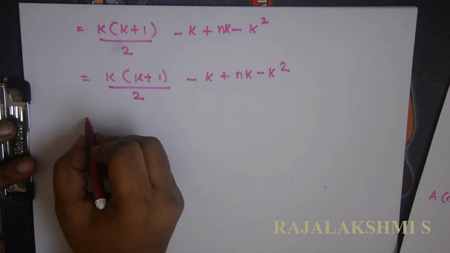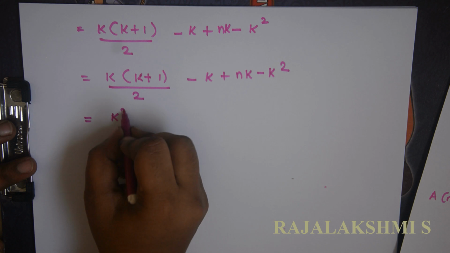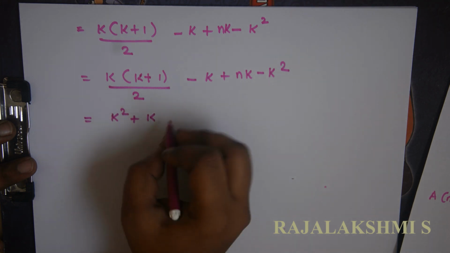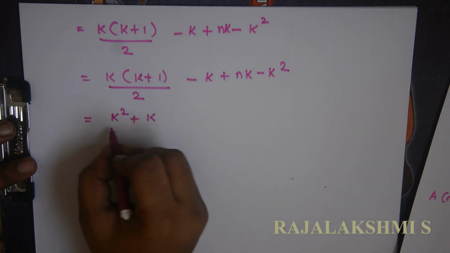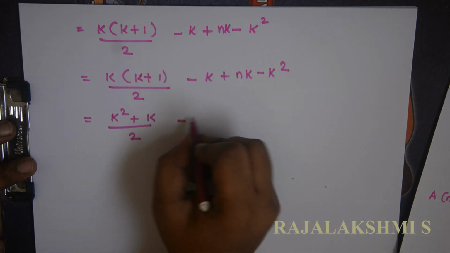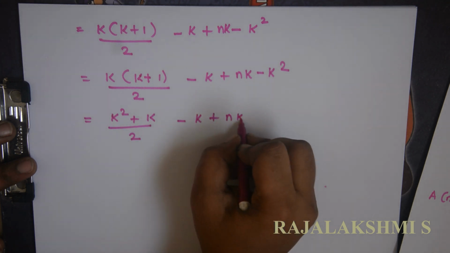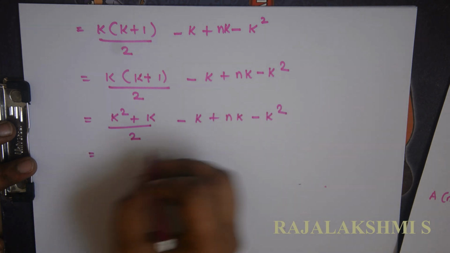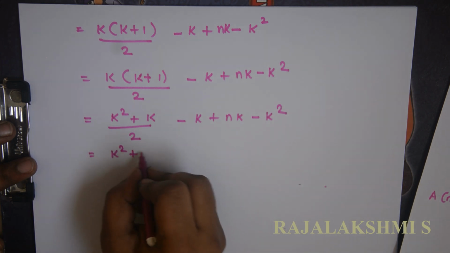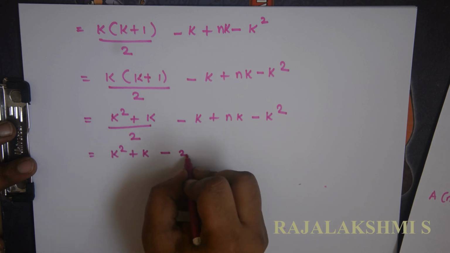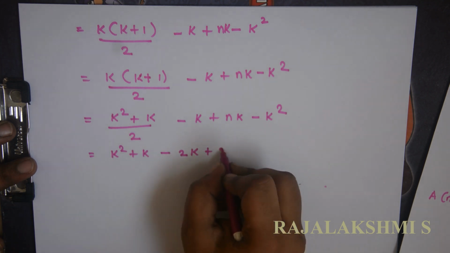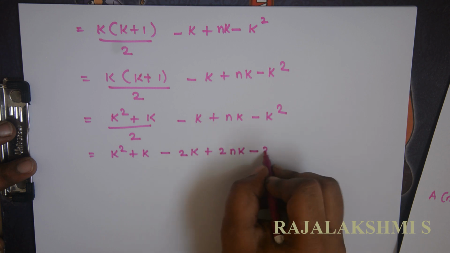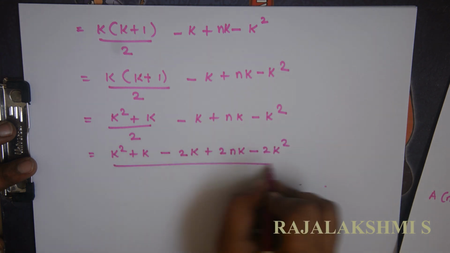So on further simplification, this will become K square plus K, right, divided by 2 minus K plus NK minus K square. So taking LCM, we will be having K square plus K minus 2K plus 2NK minus 2K square divided by 2.